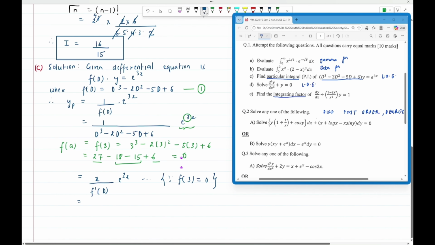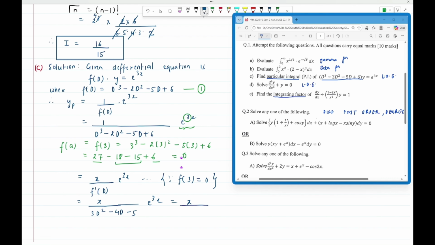Now f dash of D is equal to 3D square minus 4D minus 5, and we have e raised to 3x. Again, we are going to continue the same process. We are going to find out the value of f dash of D at the point 3.